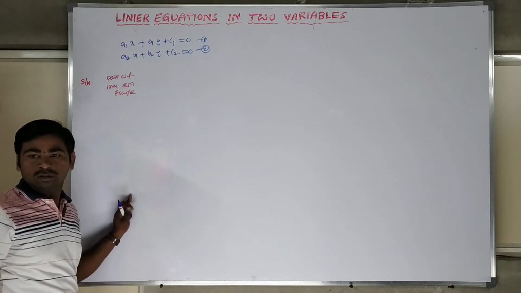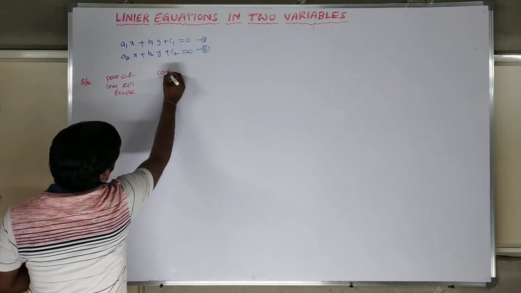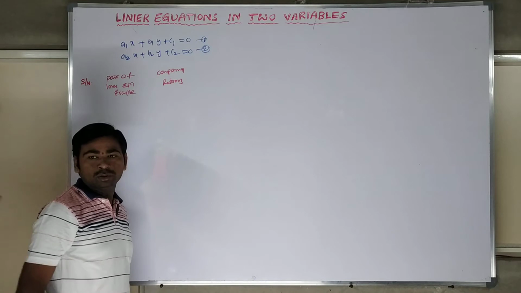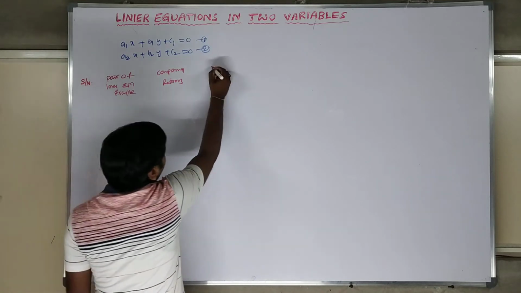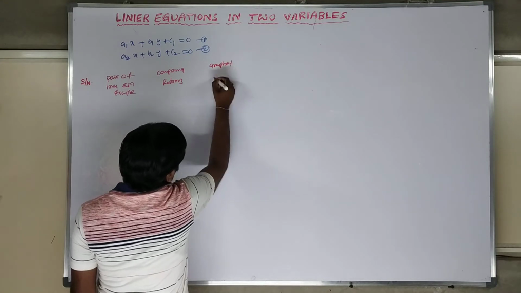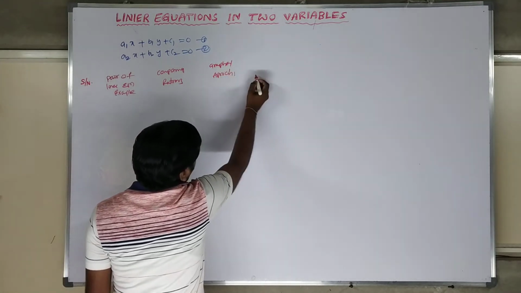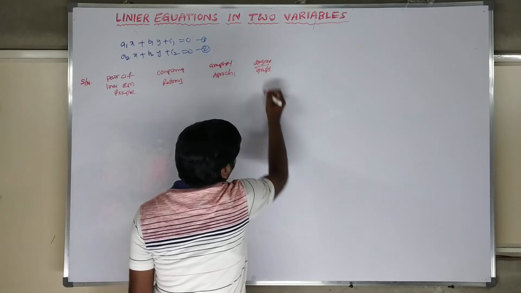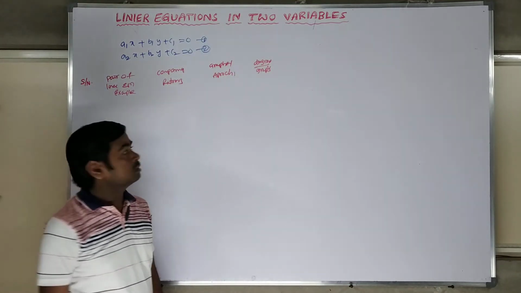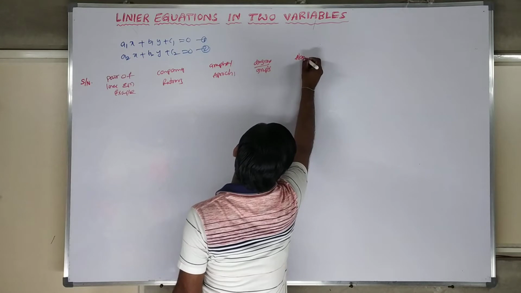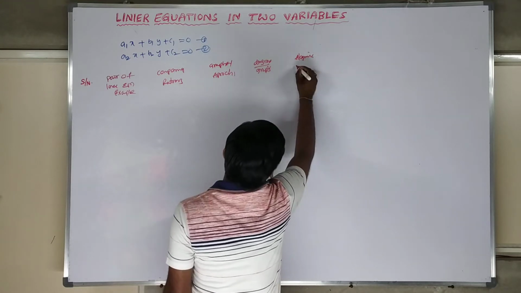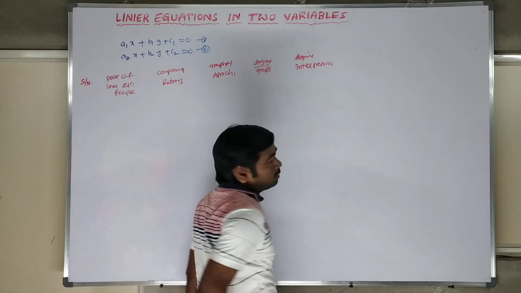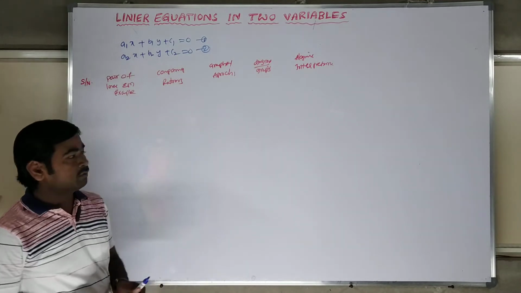Then comparing ratios, then the graphical approach, where I will draw the diagrams, nothing but graphs, showing how the graph will approach. Then the algebraic interpretation, the analysis and confirmation. So this is the way we can write it down.